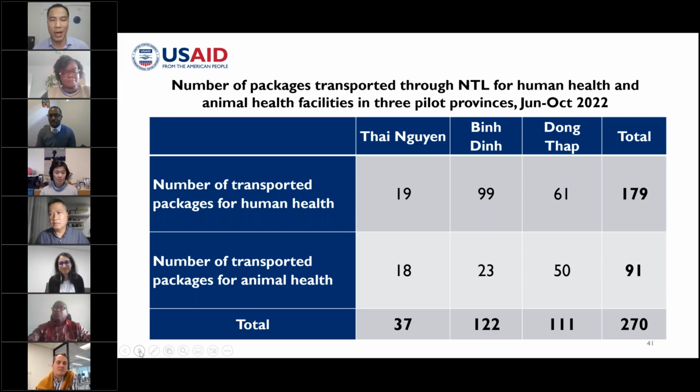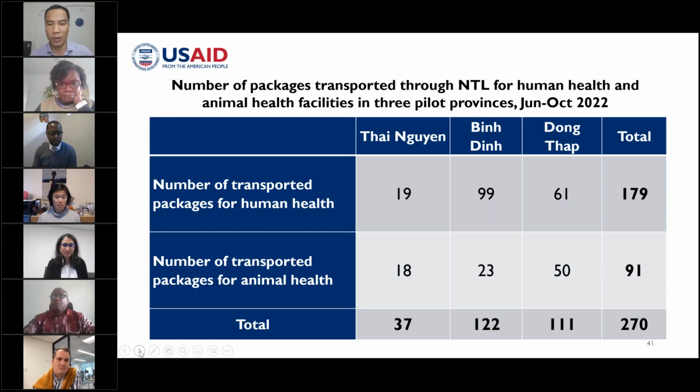So in the past 4 months, from June to October, we have received and transported a total of 270 packages, and it's divided into 3 provinces, into human health and animal health.